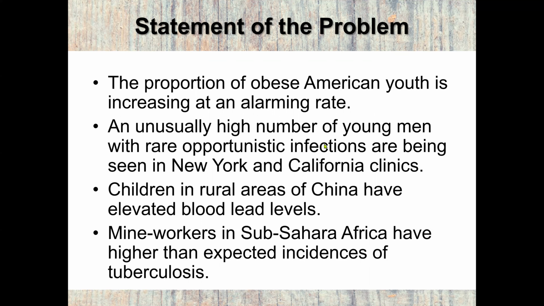Now, I may have another problem. An unusual high number of young men with rare opportunistic infections are being seen in New York and California clinics. This related to the early 1980s when AIDS, HIV was discovered, because they found out that disease like pneumonia that normally old people in their 70s, 80s get and most likely die of it.